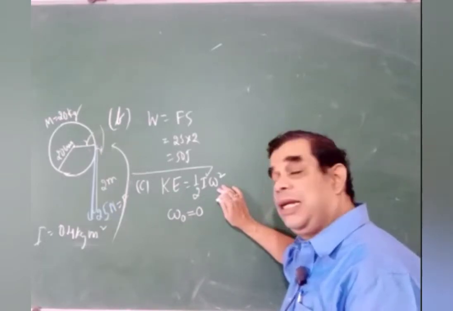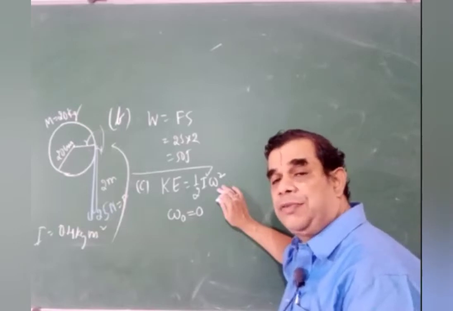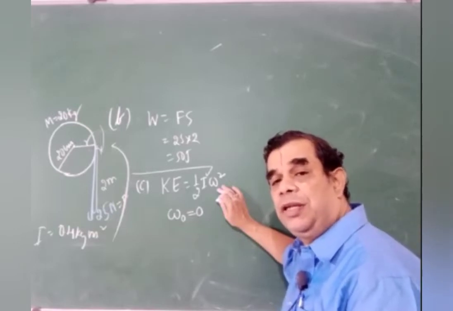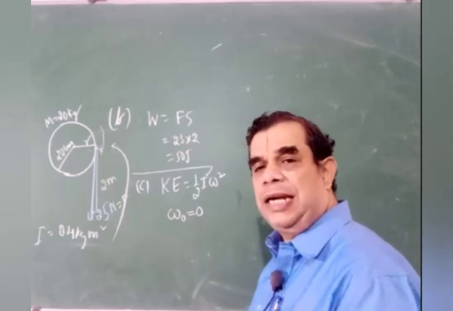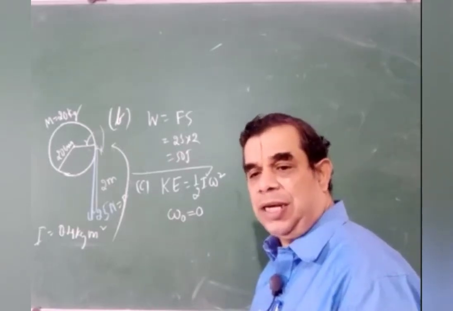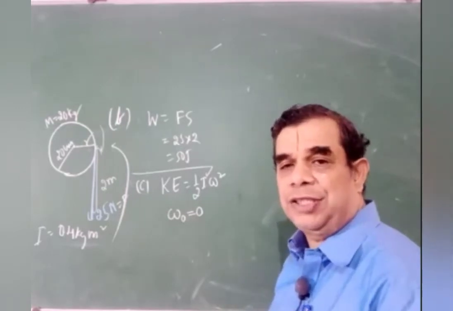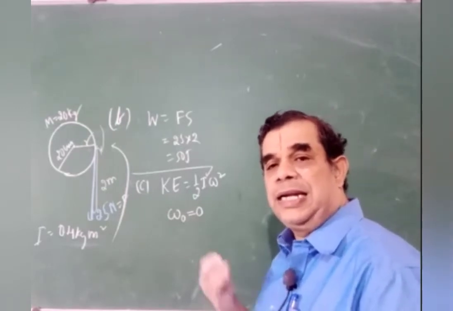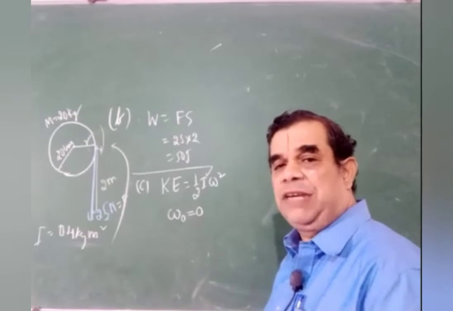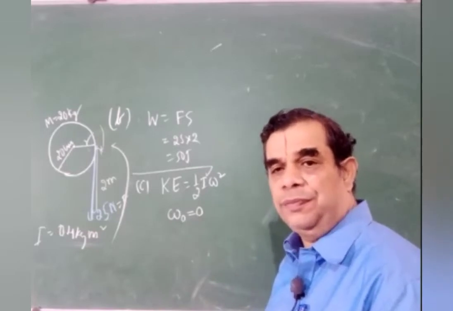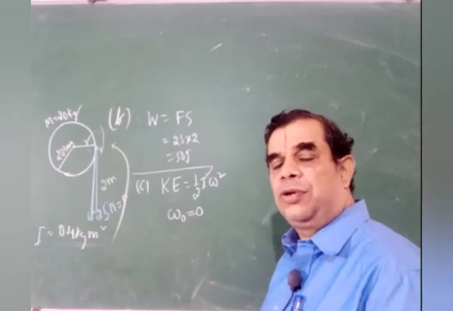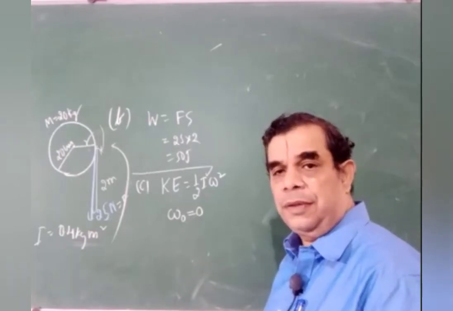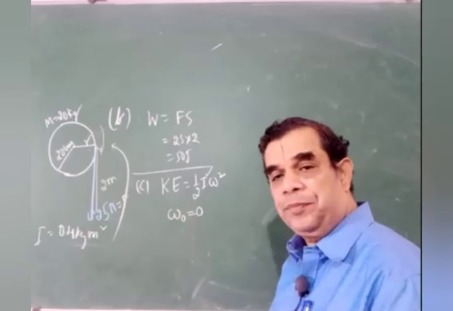Or another one is omega square equals omega naught square plus 2 alpha theta. In all these, either t is not known or theta is not known. Especially in the second equation, theta and t both are unknowns. In the first equation, t is unknown. So those two have two unknowns, including the one to find.